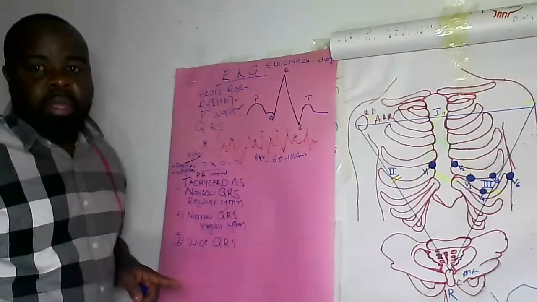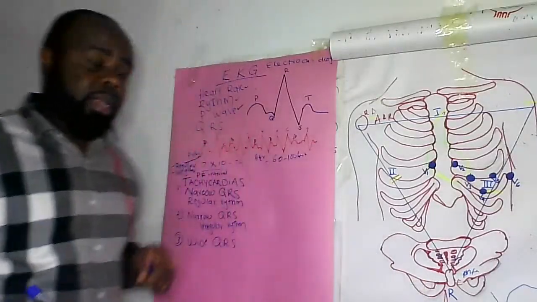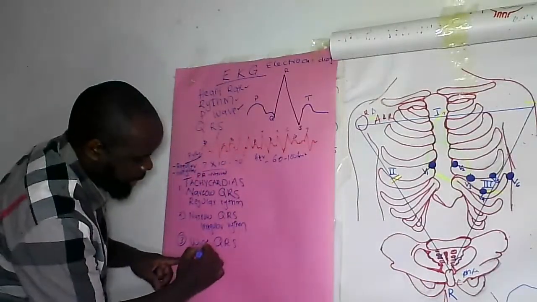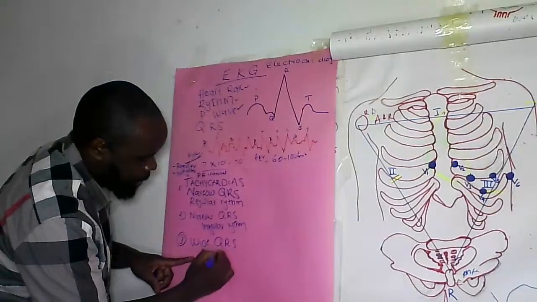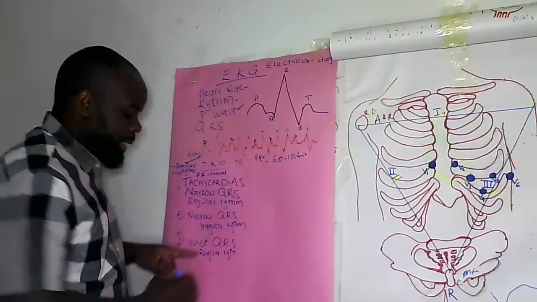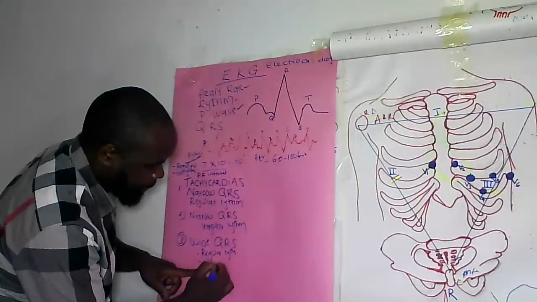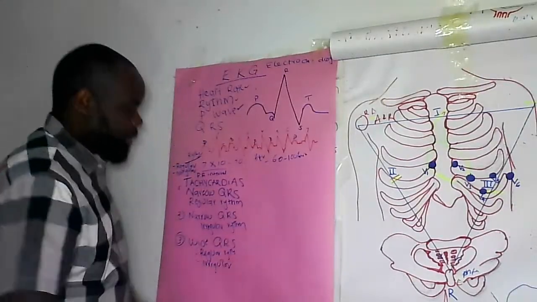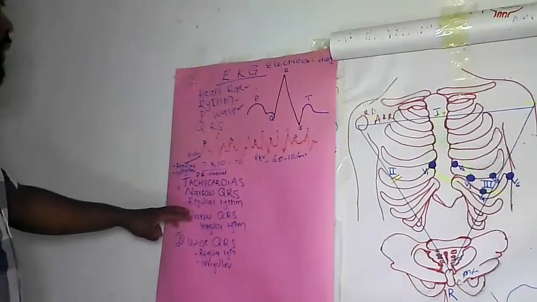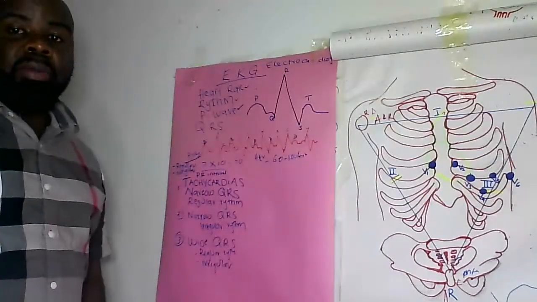You see, they are wide QRS with regular rhythm, and then there is another one with irregular. So let's check out. We start with tachycardias with narrow QRS.